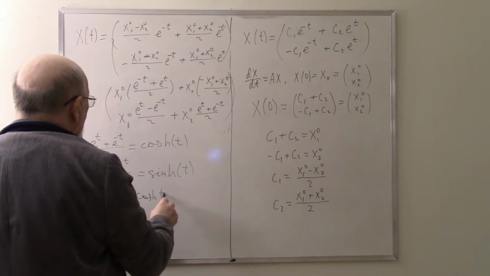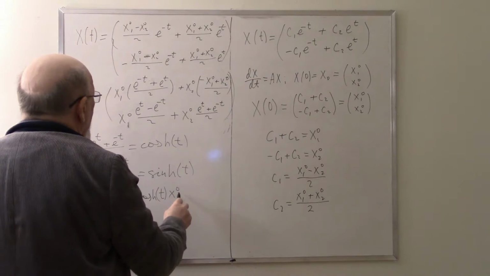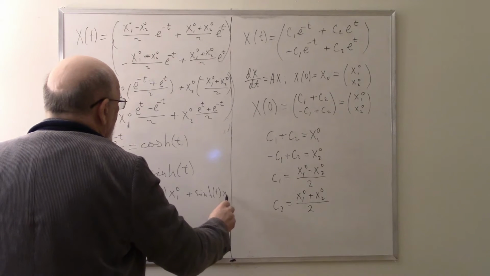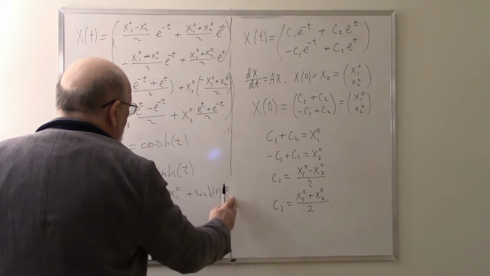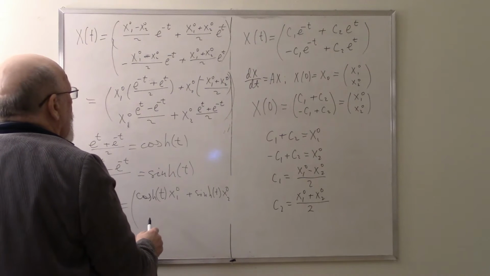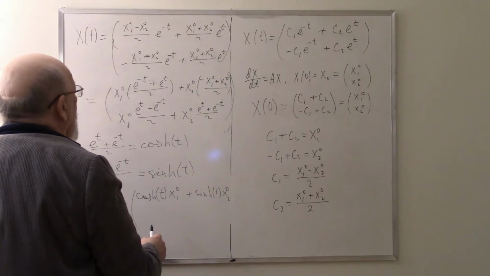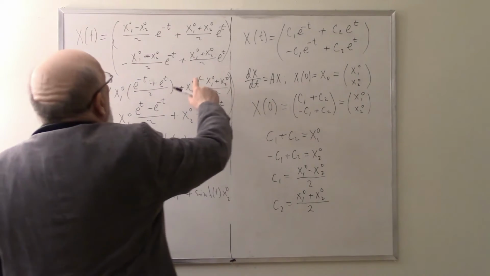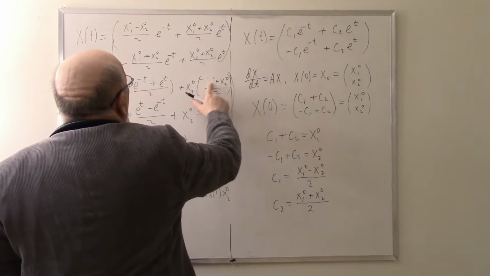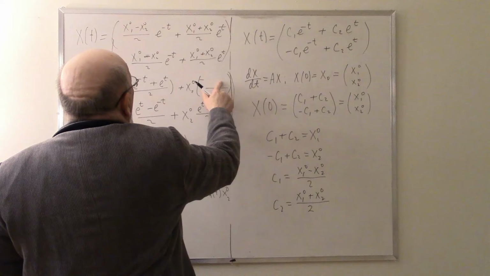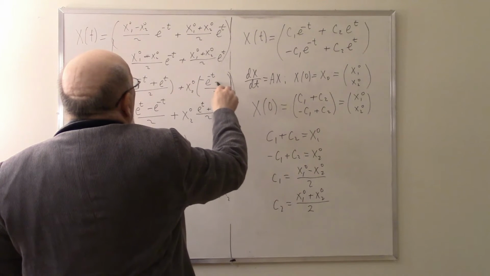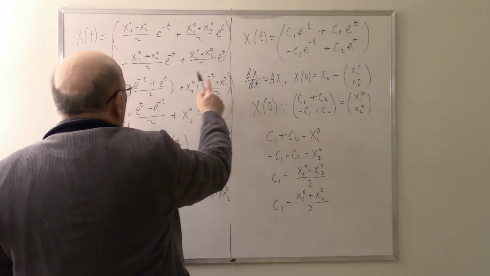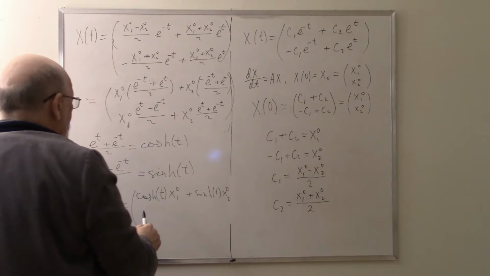Cosine hyperbolic of t x1 0 plus sine hyperbolic of t x2 0, minus e minus t plus e t, so it is okay.